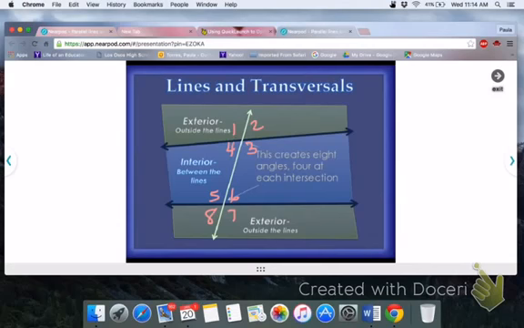And the ones that are outside the 2 lines, those will all be referred to as exterior. So exterior would be here and here. They're outside the lines. And then the ones that are inside the lines we will refer to as interior.